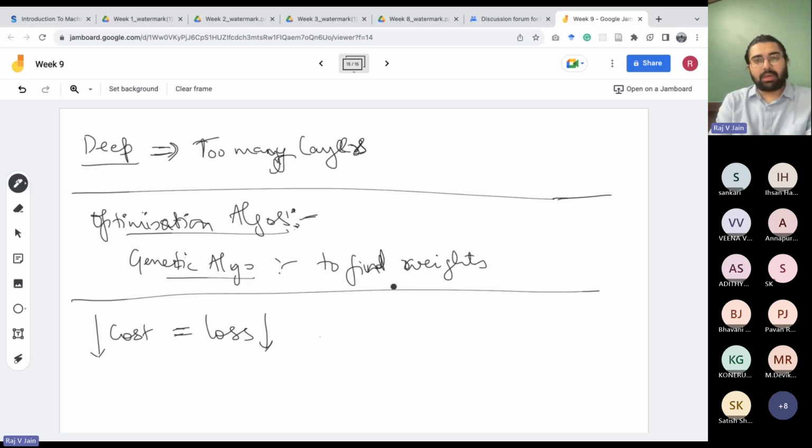There are very specific algorithms where you use cost by default. Otherwise, loss function is equal to cost function.